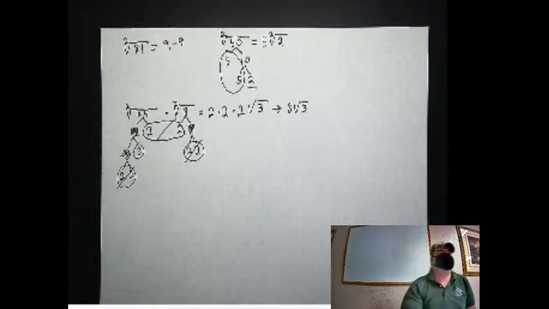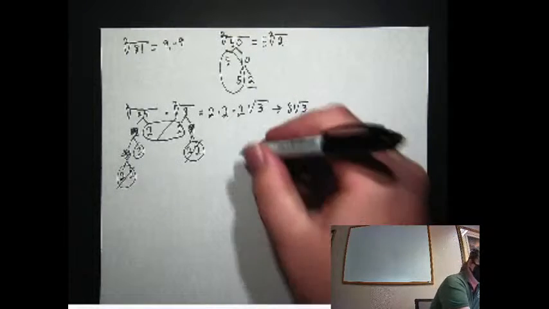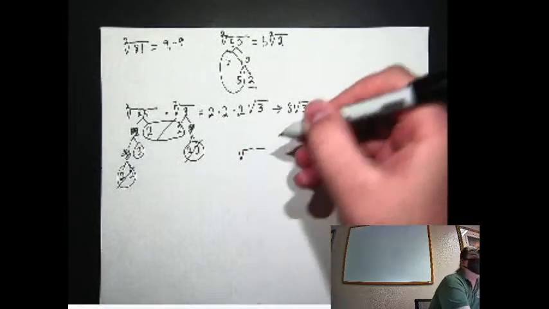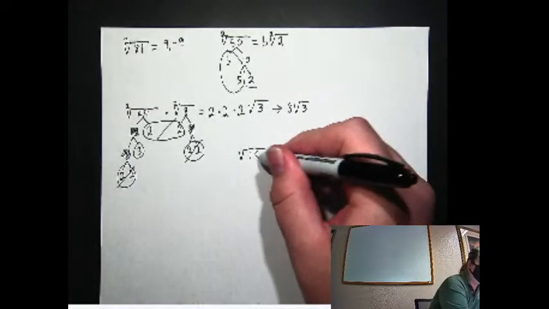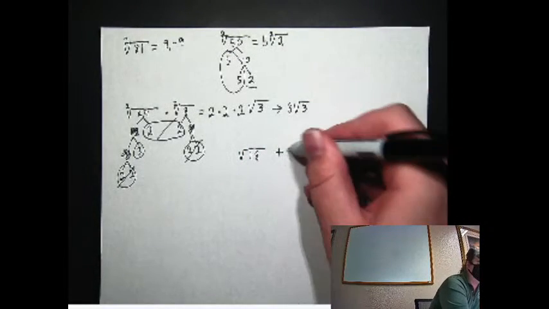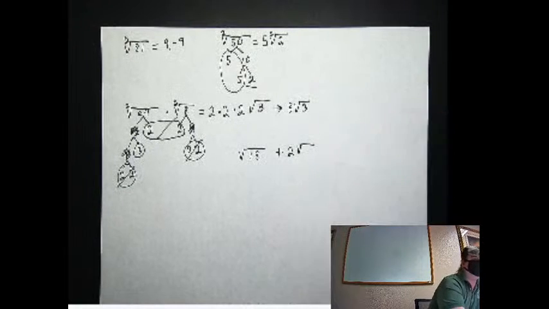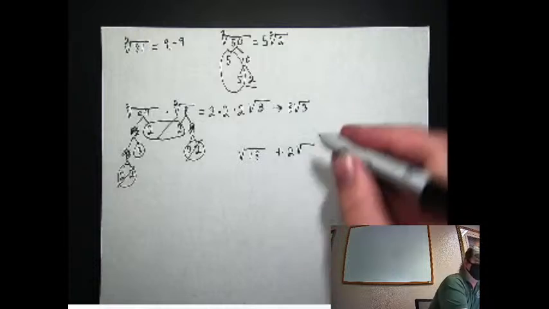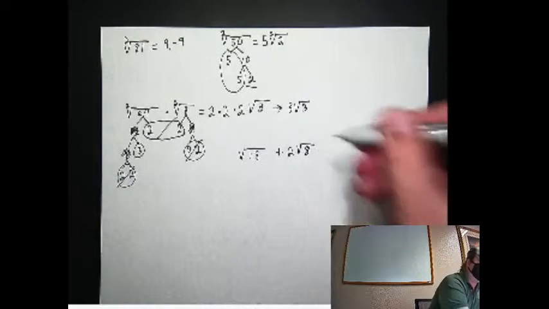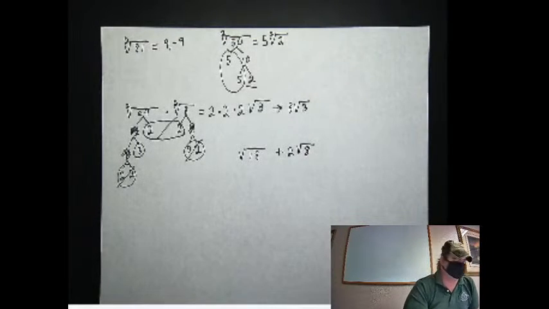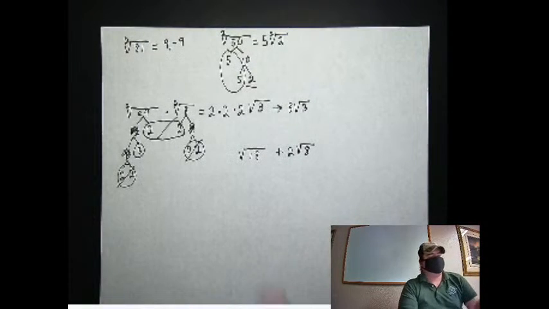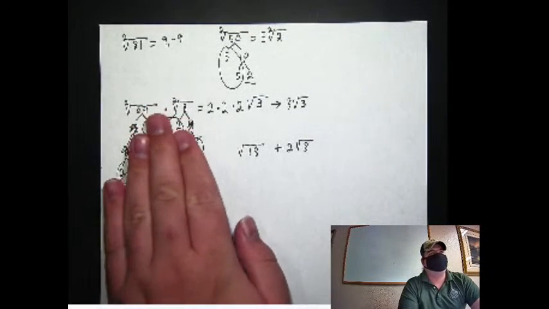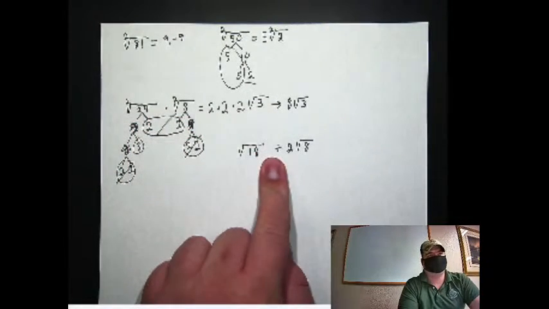Okay. The other thing we said we could do was add and subtract these things. So let's say I've got, I don't know, square root of 18 plus 2 square roots of, let's see, 8. The problem with adding, it's not the same as multiplying, is we have to have like terms.